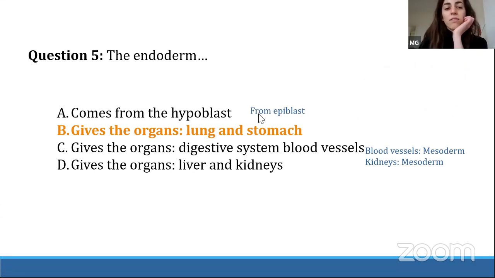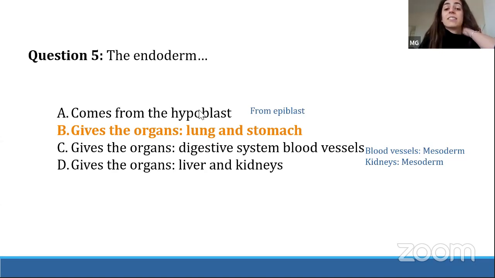So I see most of you have answered the digestive system and blood vessels. Actually, the blood vessels come from the mesoderm, right? So that's not correct. Indeed, the endoderm gives rise to the digestive system, but the blood vessels come from the mesoderm. So that was a very tricky question, sorry.